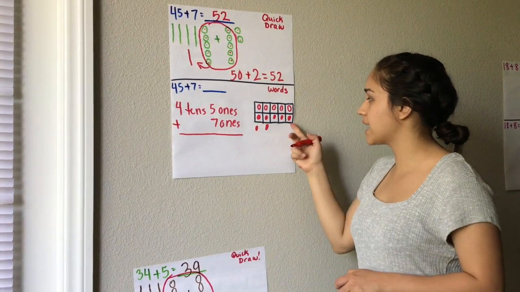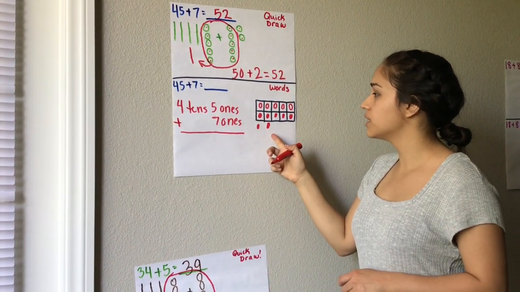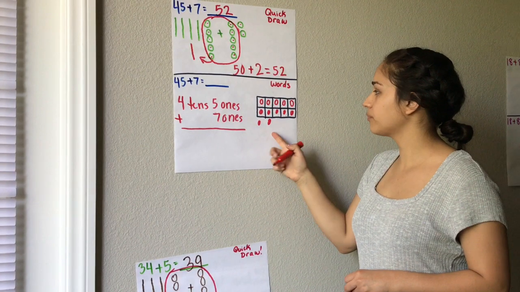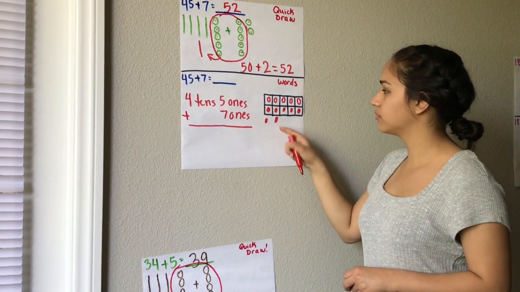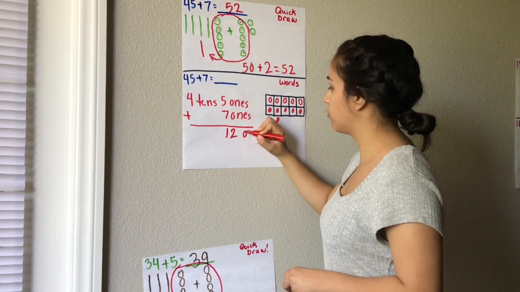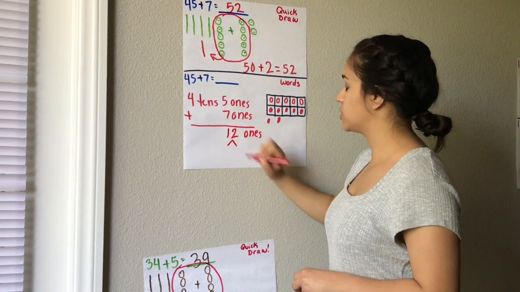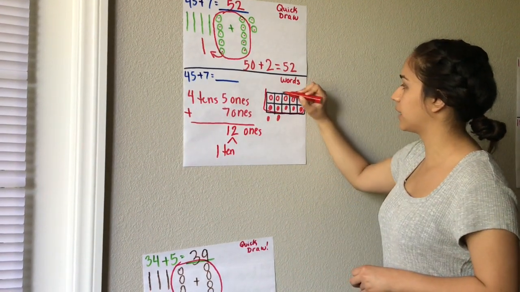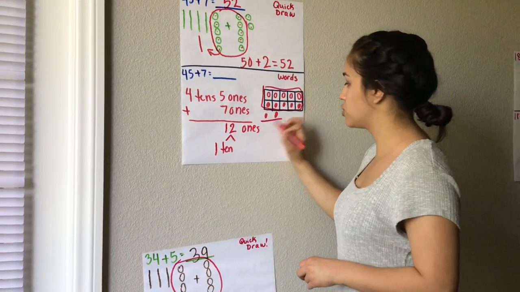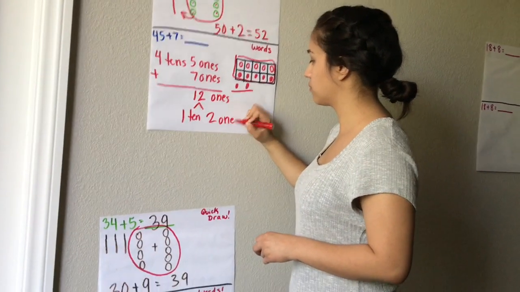Ooh, that fills my 10 frame, and I have extra. So this is how we're going to switch it out. We have 10, 11, 12. That is 12 ones, which is the same as 1 ten and 2 ones. You can see it's 1 ten by looking at our whole 10 frame, and 2 ones.